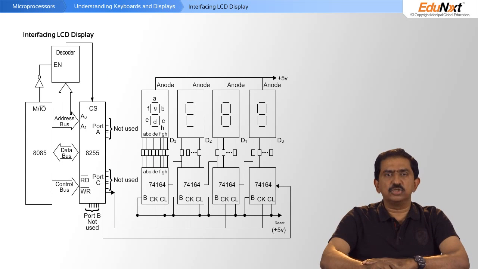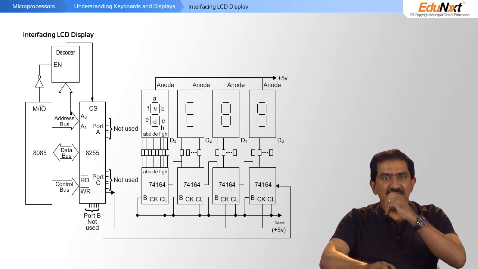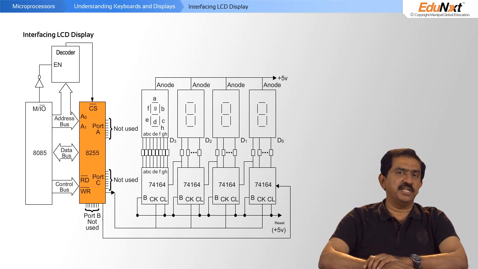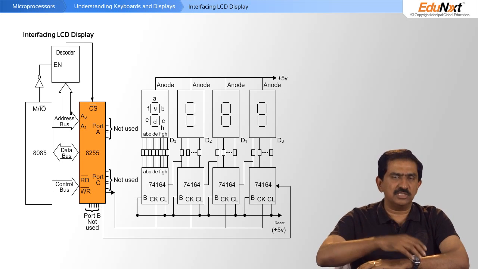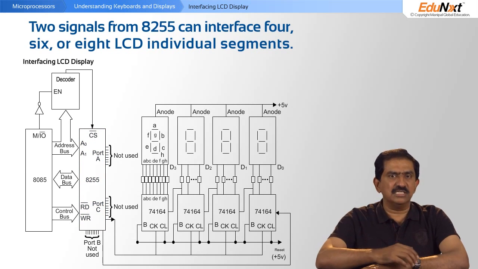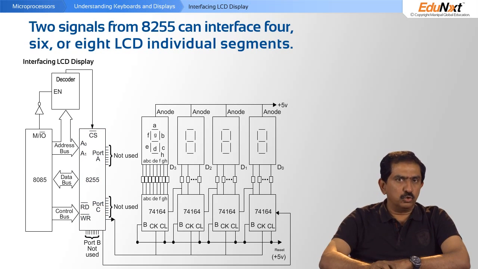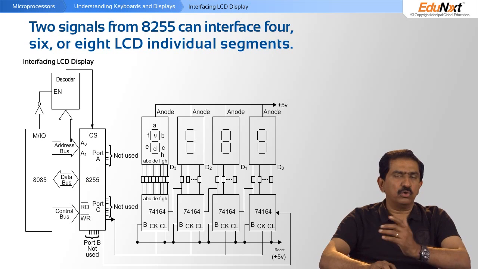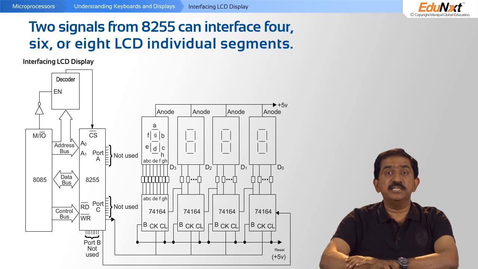How is this interfaced to a processor? What really happens is the 8255 comes in very handy here. If you remember our last video, we introduced the 8255. Using just 2 signals from the 8255, you could interface 4, 6, 8 individual LCD segments if you so desire.